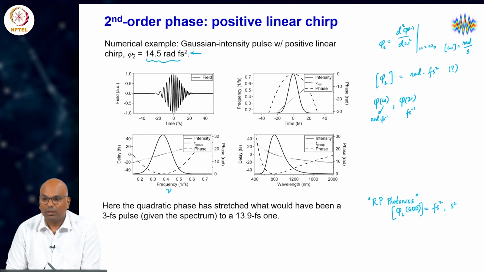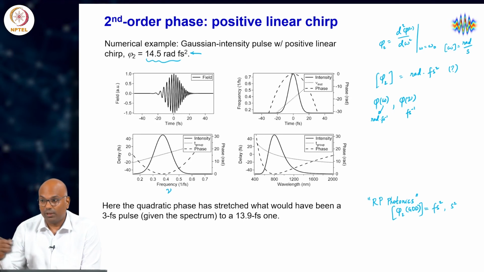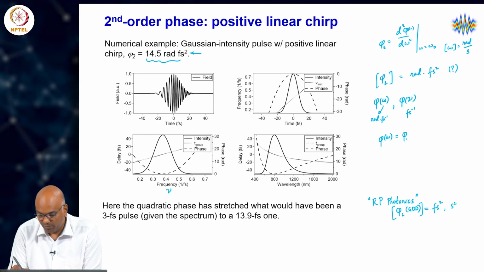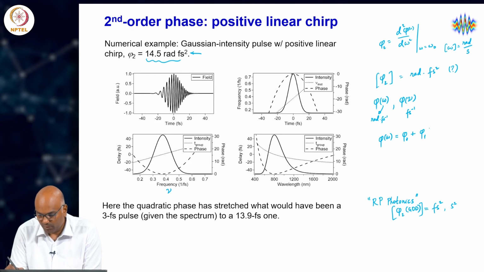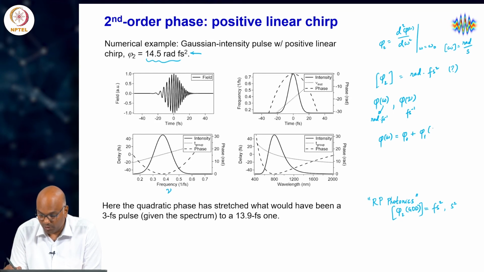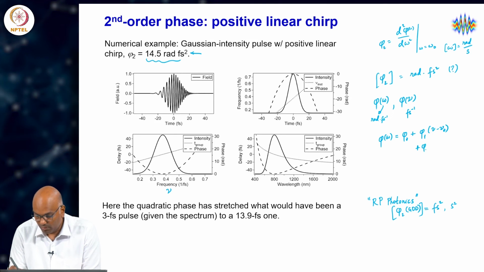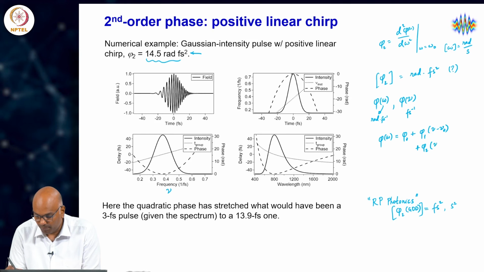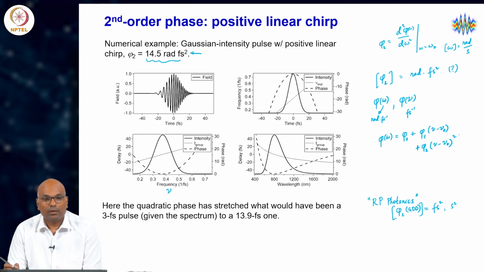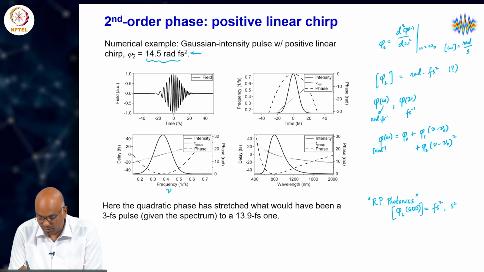However, the reason that this is radians times femtosecond square is because we have phi of omega to be phi naught plus phi 1 times omega minus omega naught, or in this case we have chosen nu. So, it is nu minus nu naught, plus phi 2 times nu minus nu naught square. Now, the units on the left hand side, phi is measured in units of radian.